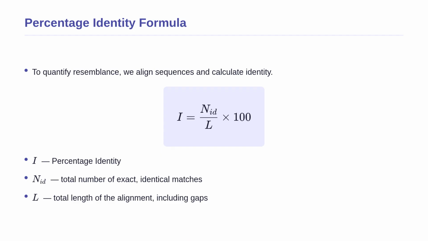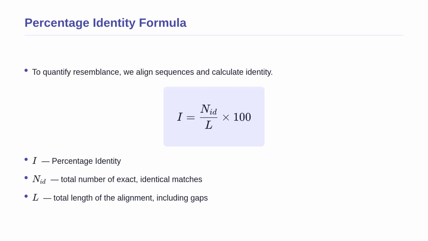To quantify exactly how much two sequences resemble each other, we use a simple mathematical formula for percentage identity. Conceptually, this comes from aligning two sequences side by side, sometimes inserting artificial gaps to maximize matches, and then finding the ratio of exact matches to the total length.